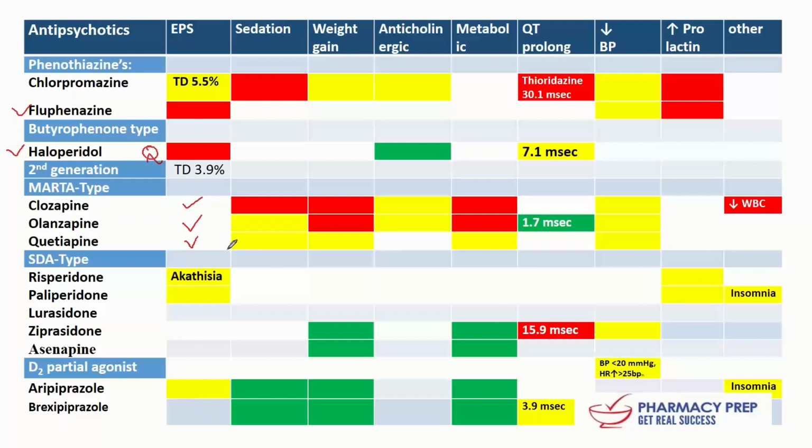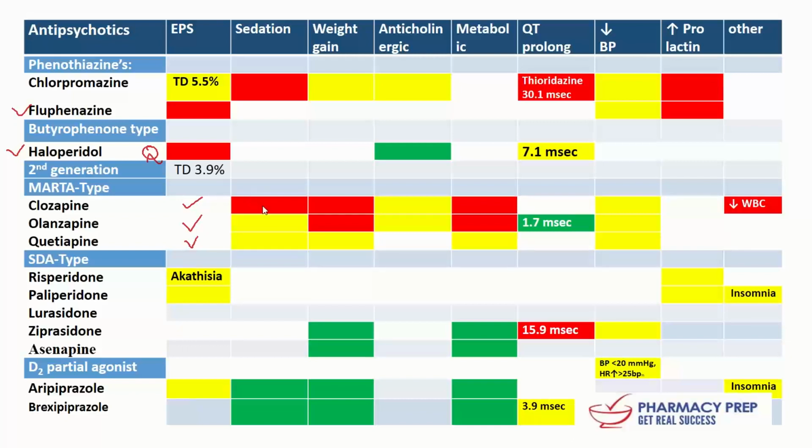So if you have a case scenario question where a patient is experiencing EPS and the prescriber is considering switching to another antipsychotic drug, what drug would you recommend to minimize the risk of extrapyramidal symptoms?